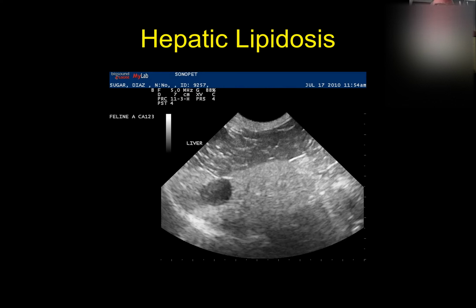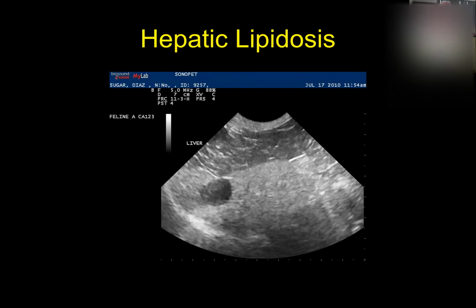Typically, what you're going to see in a cat that has fatty liver disease or hepatic lipidosis is that diffusely the liver will become more hyperechoic. That's because in that disease condition, you're actually replacing the hepatocytes with globs of fat or lipid inside the liver, which sonographically is more echogenic than normal liver tissue or hepatocytes.